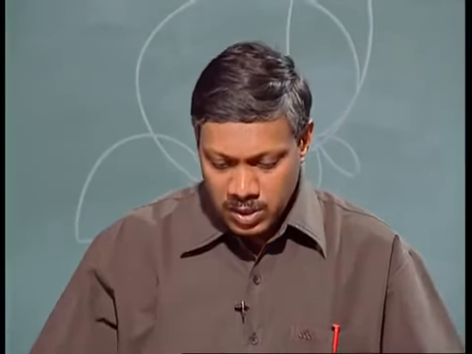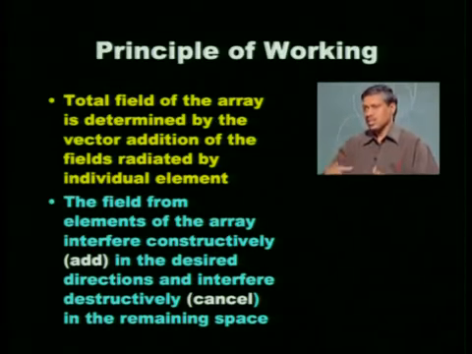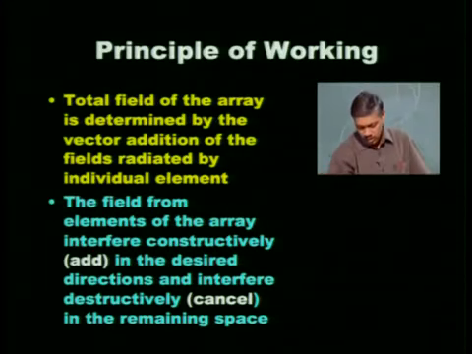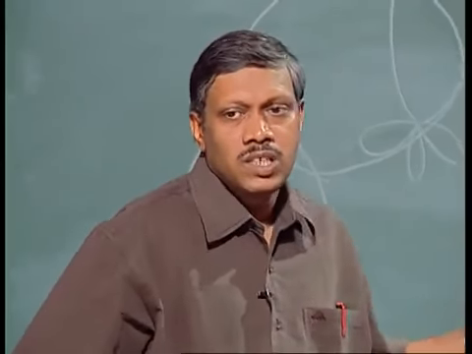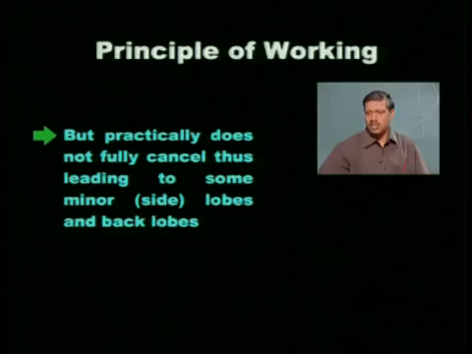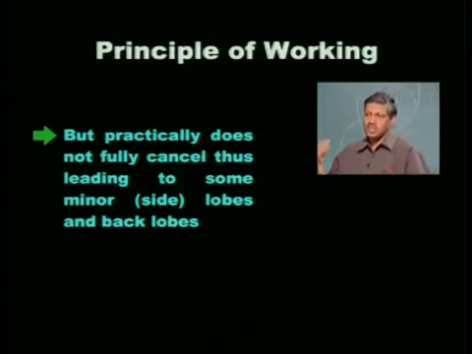So, the principle is nothing but adding the field at the point of interest, cancelling the field at the point not required. As I already told you, practically you will have some side lobes as well as a back lobe, because it is not fully possible to cancel the total signal in the unwanted direction.